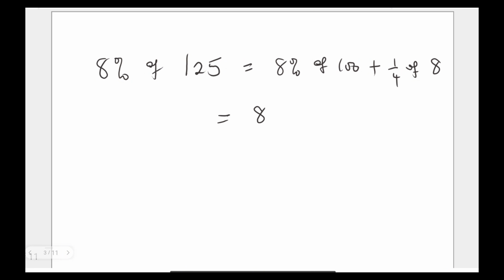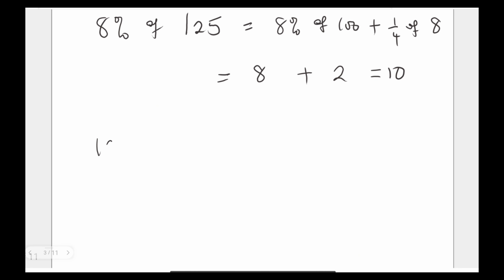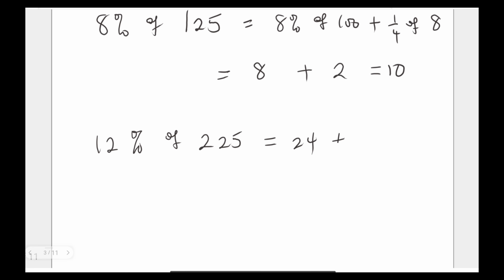And that would be 8 plus 2, which is equal to 10. What will be 12% of 225? That would be 12% of 200, which is 24, plus a quarter of 12, which is equal to 3. And that will give us 27.